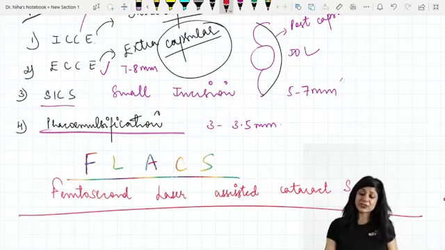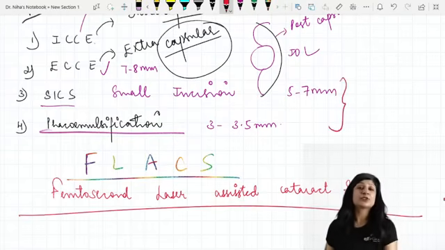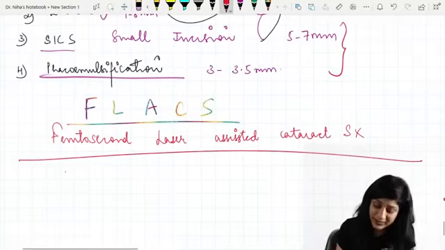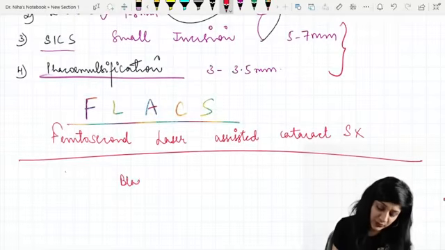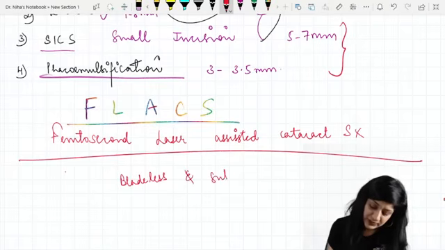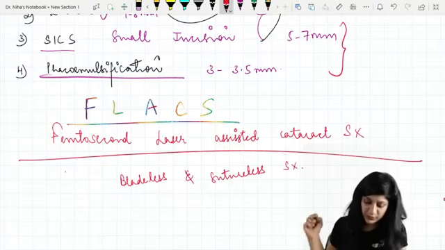So these surgeries were actually sutureless surgeries. The good thing about FLEX is that it is not only sutureless, but also bladeless. Bladeless as well as sutureless surgery.